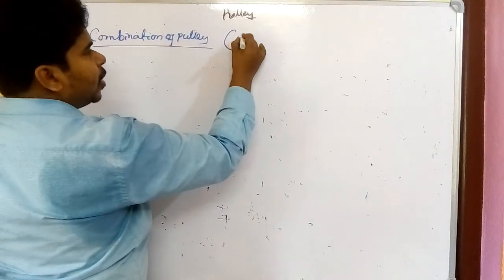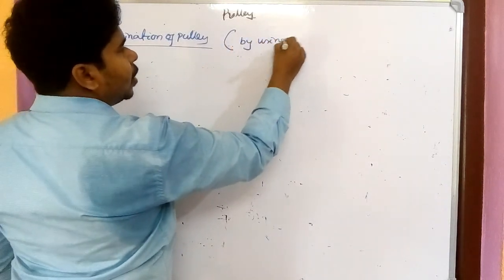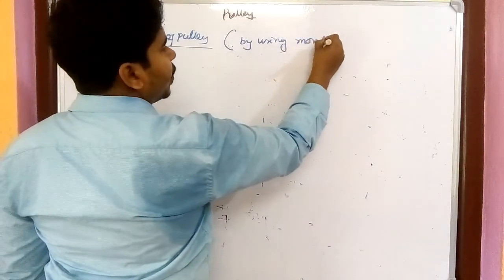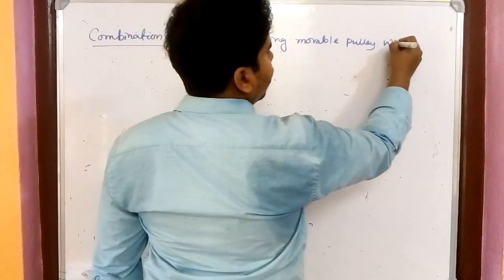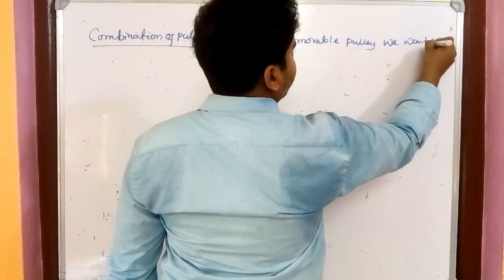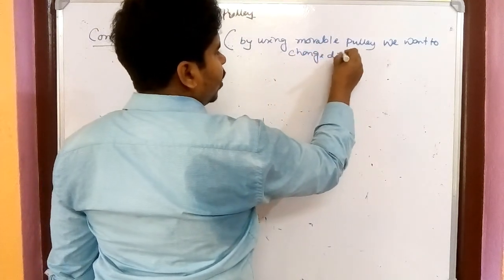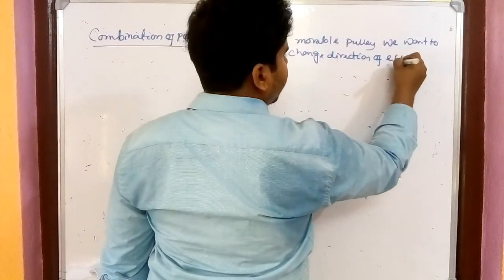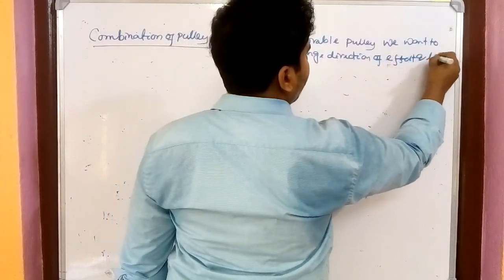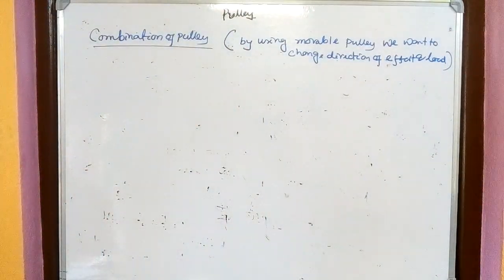The need is, by using movable pulley we want to change direction of effort and load. That is our target, and by that only the combination of pulley is taken.